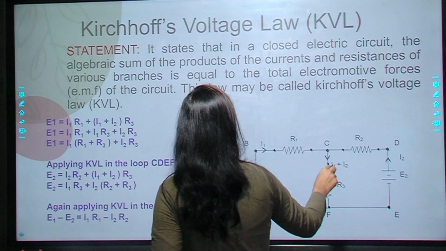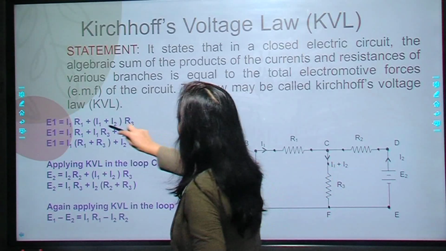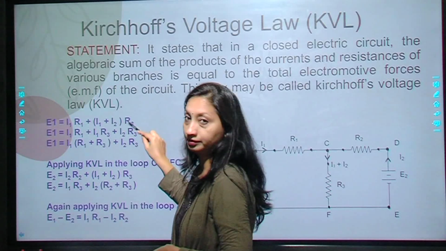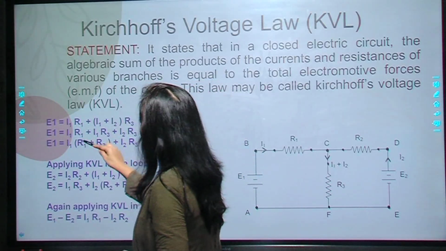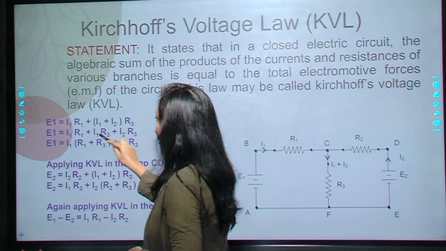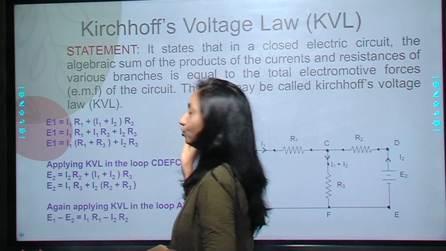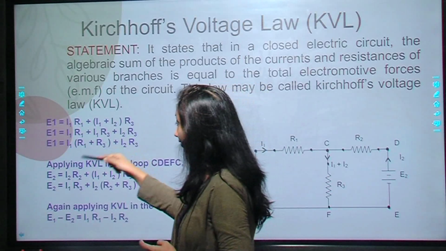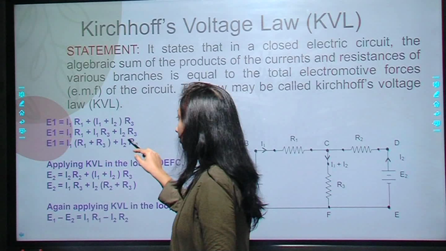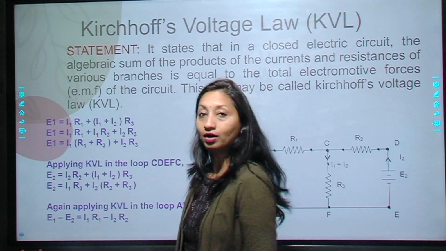Here the current flowing is I1 plus I2, so multiplied by R3. By simplifying this equation, we get E1 equal to I1 R1 plus I1 R3 plus I2 R3. And ultimately we get I1 into R1 plus R3 plus I2 into R3.